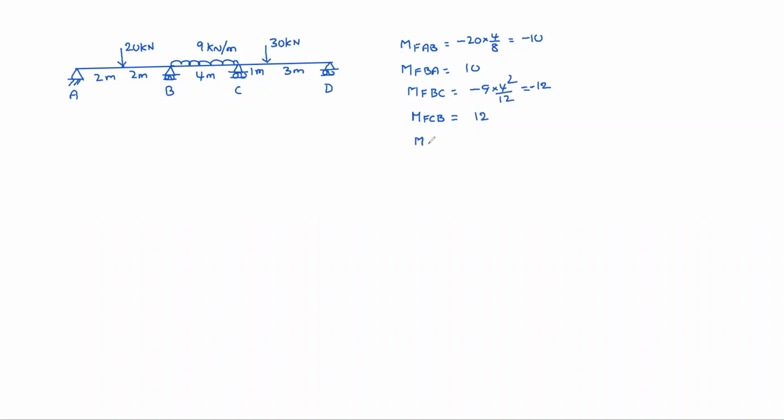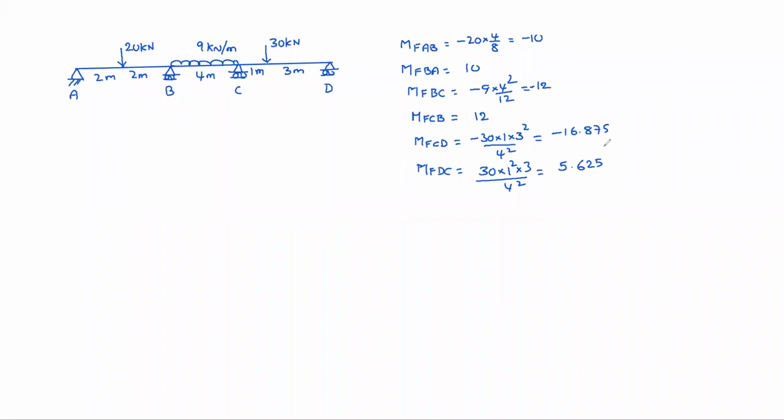MFCD equal to minus 30 into 1 into 3 square by L square, 4 square, 9 by 16, that is minus 16.875. MFDC equal to 30 into 1 square into 3 by 4 square, which is equal to 5.625. Okay, these are the fixed moments.